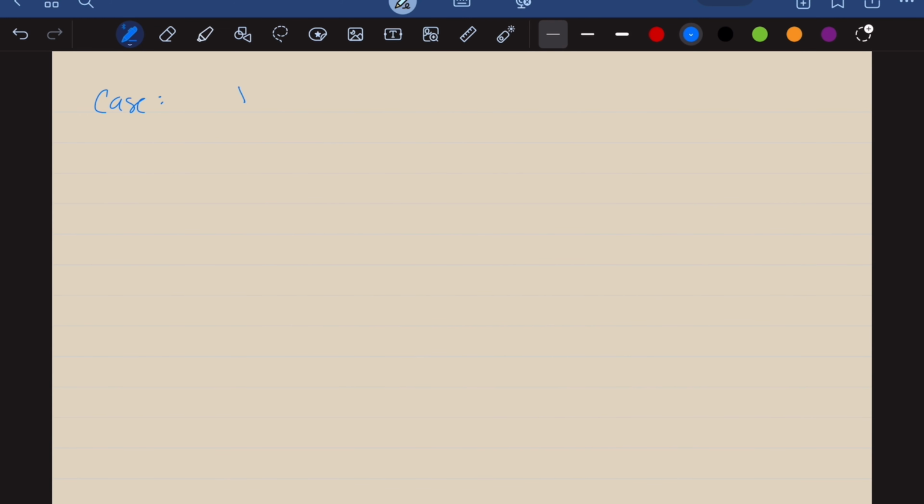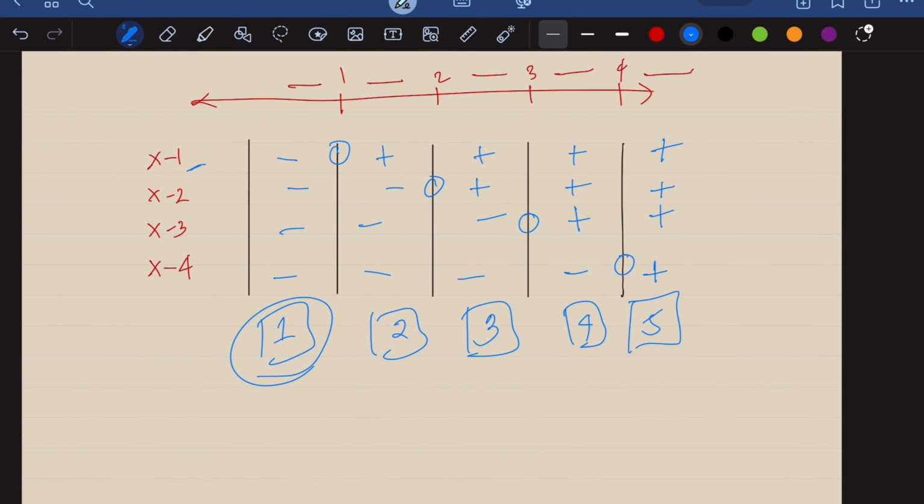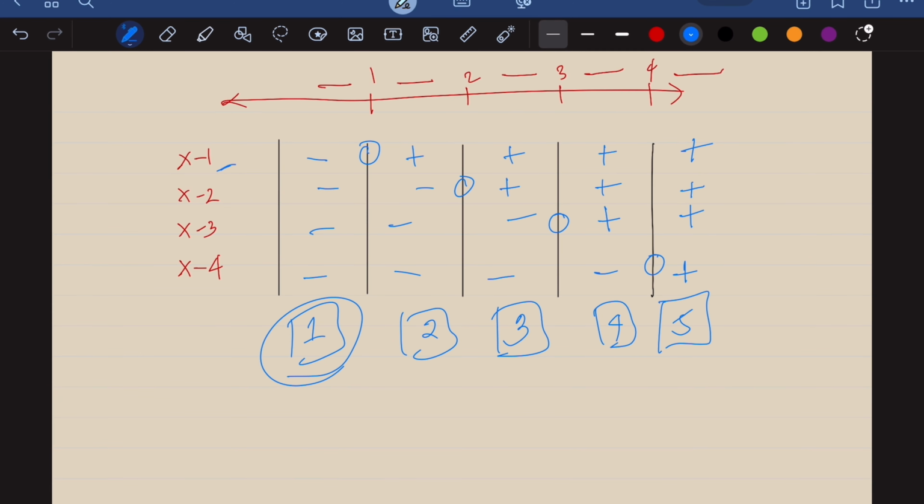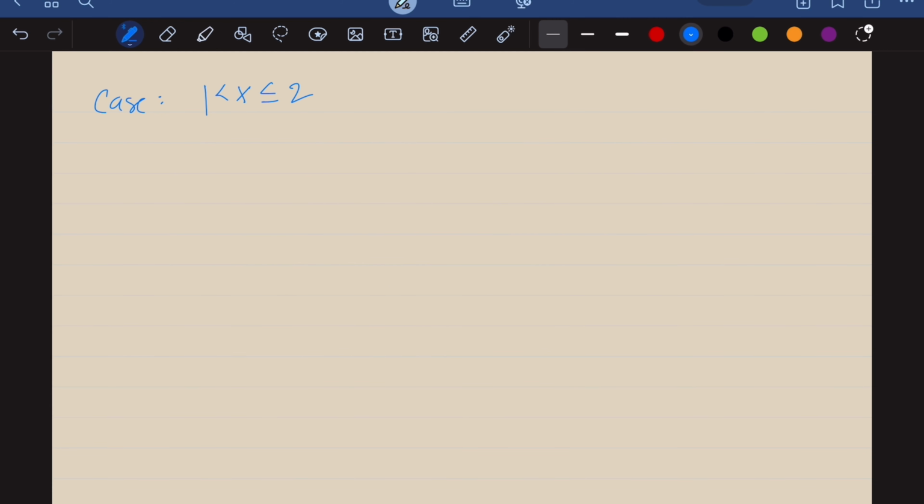And that's when x is between 1 and 2. If this is the case, if we look back here, only the x minus 1 is positive, the rest are all negative. So let's go back here. So this is negative of x minus 1 plus x minus 2 plus x minus 3 is equal to x minus 4.